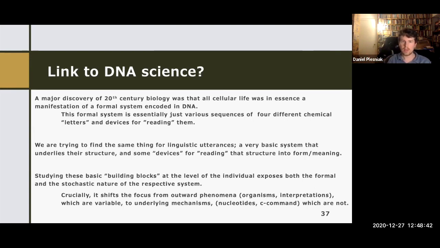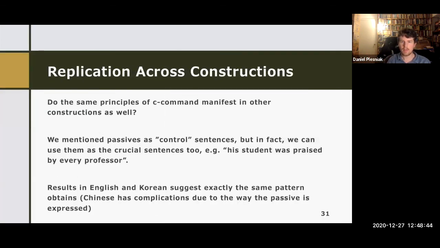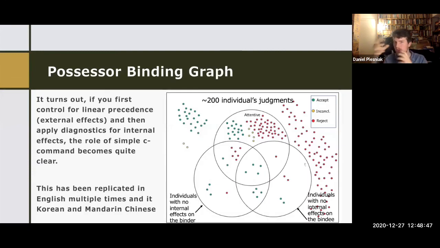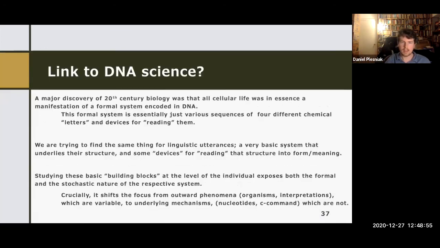And so what we're really trying to do is show that everything reduces to just a few basic interacting parts. And then once you've satisfied that constraint, you can build anything you want off of that. And so in that sense, I think that the link to DNA is very apt.